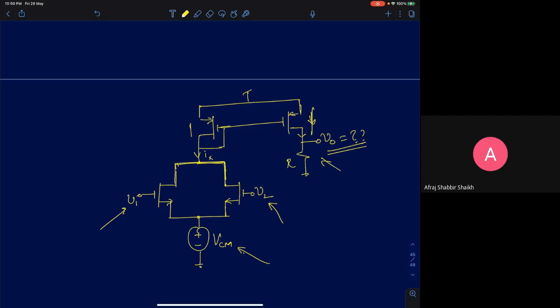Remember, this is a voltage biased differential pair, so this node is at AC ground. The current through this transistor is GM times V1. The current through this one is GM times V2. So the current IX here is simply the sum of the two currents, GM into V1 plus V2. So now I have generated a current which is the sum of the two voltages. If I push this current into a resistor, the voltage across the resistor will be GM into R into V1 plus V2.